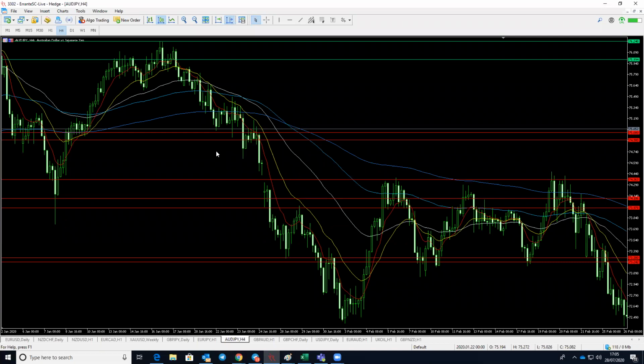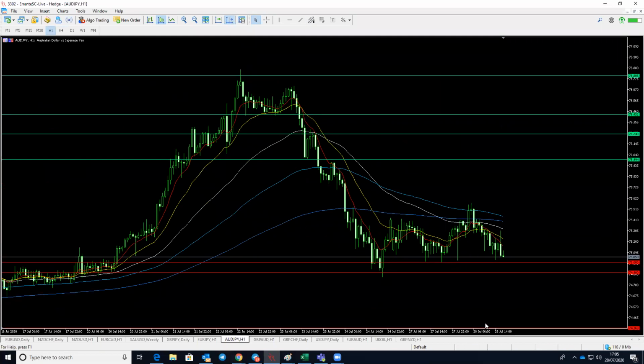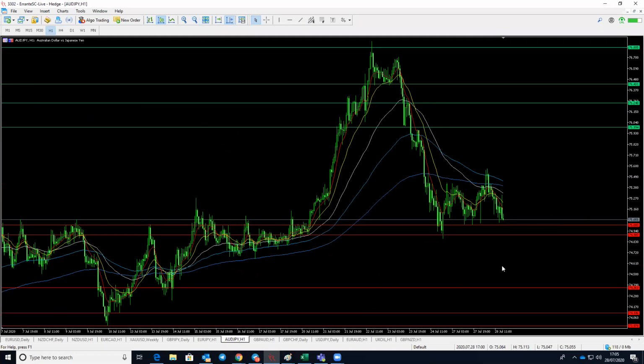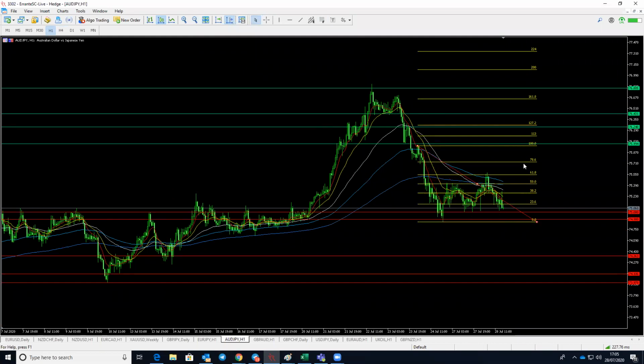Okay, so AUD JPY. Let's look at the 1 hour chart. You've got A, B, C, and then D to the downside. We've drawn all this area right here. If I use the Fibonacci from here, let's say that's my A point, then my C point would touch exactly at 61.8.